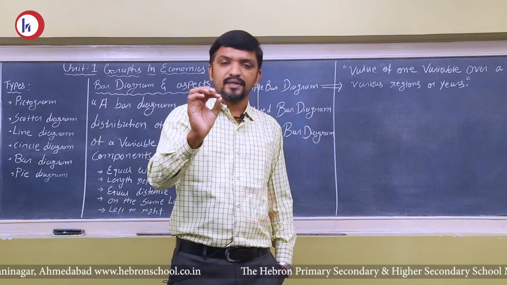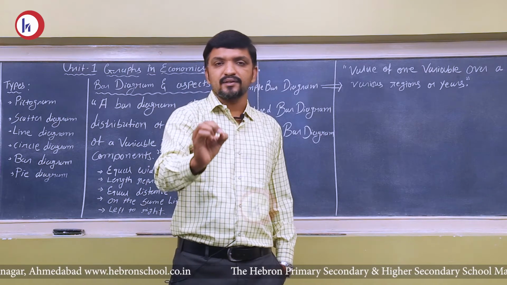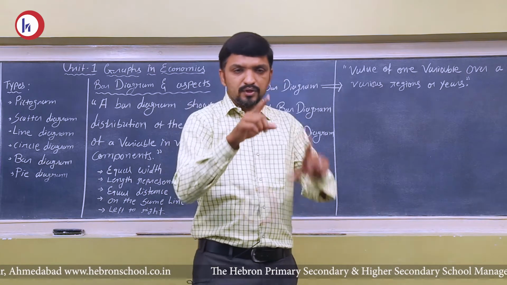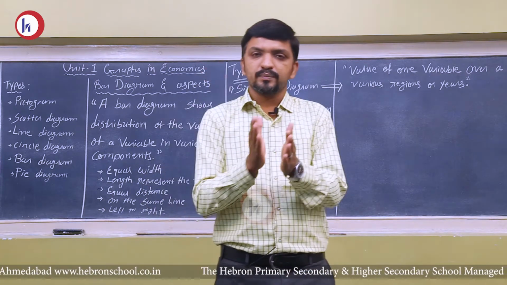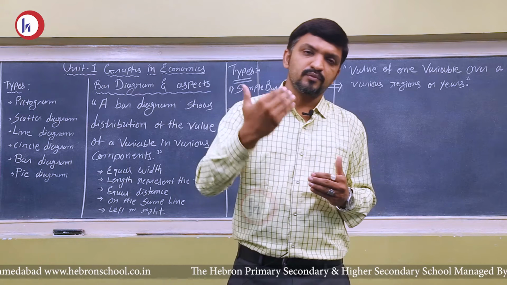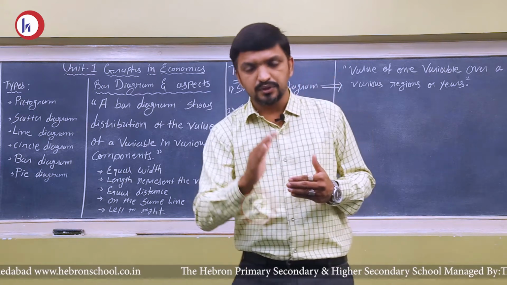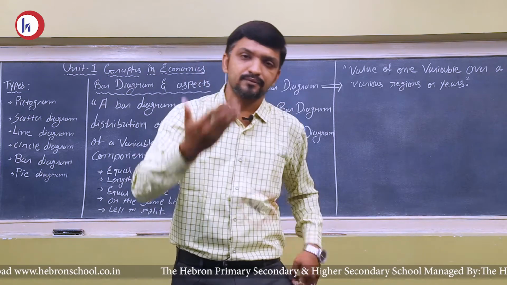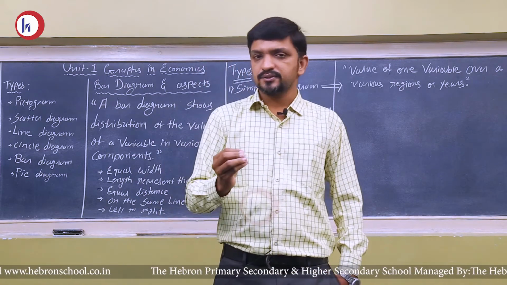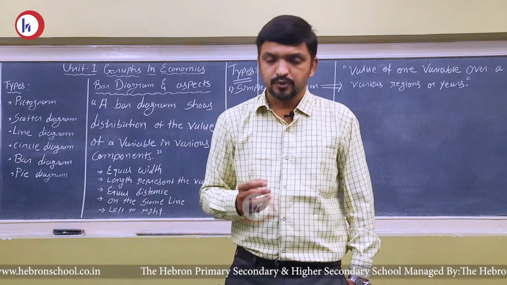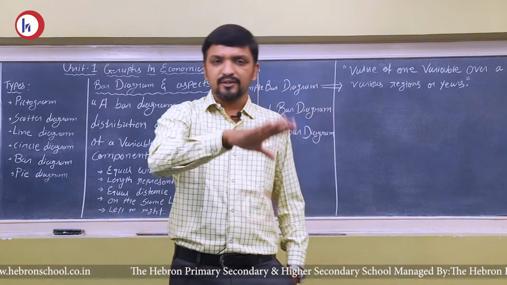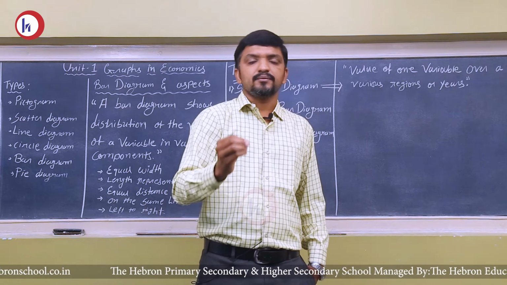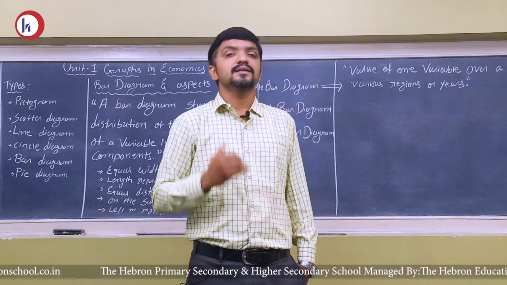A simple and easy question that can give you 5 marks. But not only drawing, along with presenting the information with the help of a graph, you need to write an analysis of it. You need to describe the graph in at least 5 sentences. So today we are going to see that also, how you are going to describe or analyze the graph.